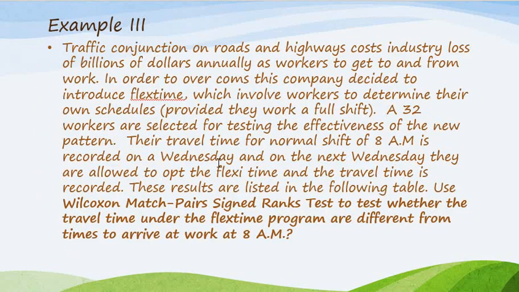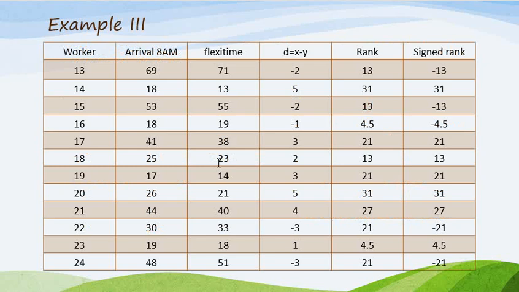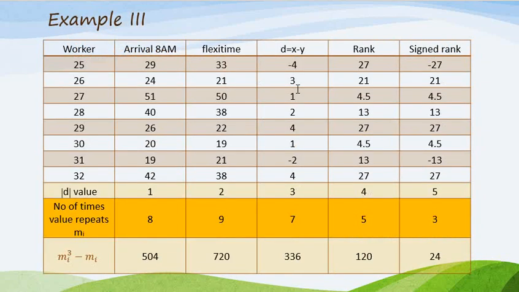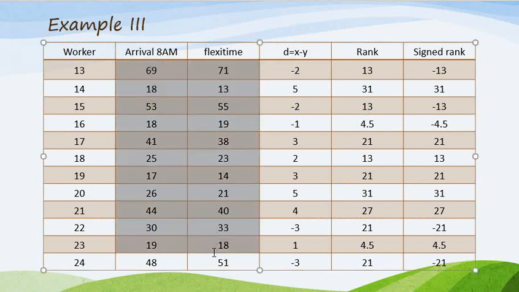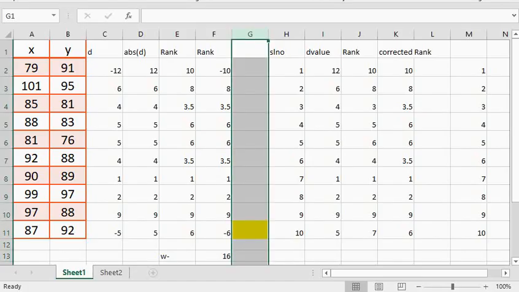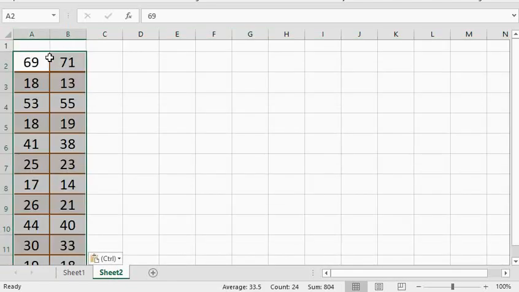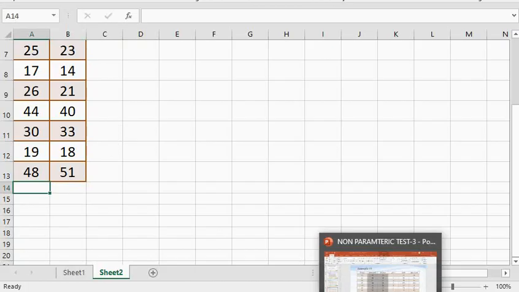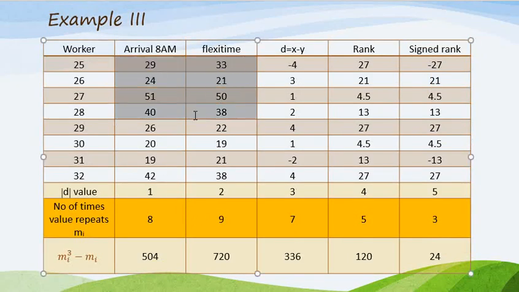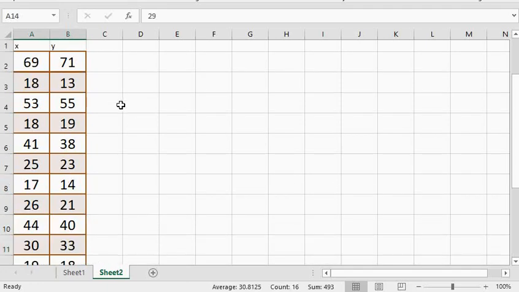So arrival at 8 a.m. is taken as x, and arrival at flexi time is taken as y, and we find d equal to x minus y, and we rank the absolute values, sign them, and then find the sum of the ranks.